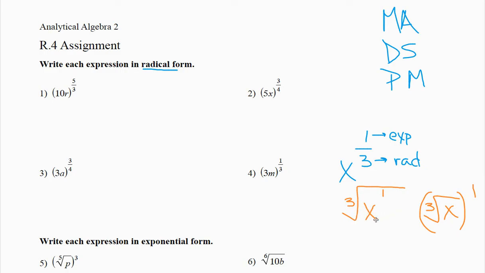Both of these things are the same thing. It doesn't matter if our exponent is inside the radical or outside the radical. But what we need to keep in mind is that the number on top becomes the exponent, and the number on the denominator, the bottom, becomes the radical. So everything in here is going to be taken to the 1/3 power.